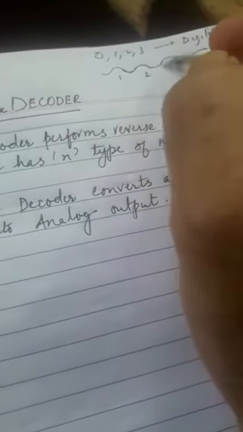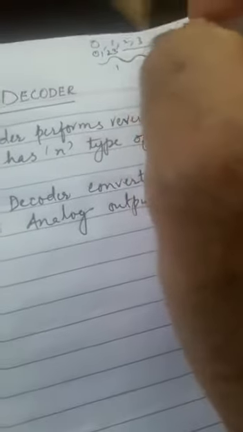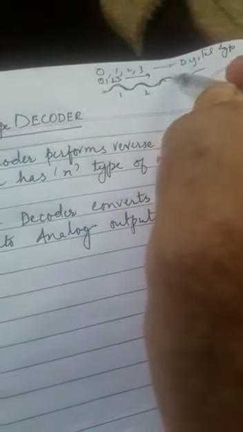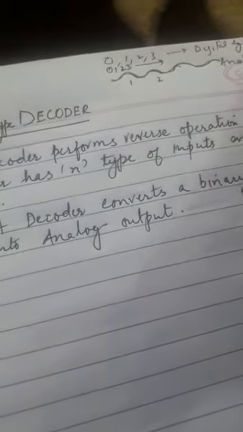When the digital form is shown in pulses, that is the analog form. You may have understood the difference between digital and analog. The decoder's function is to convert a binary digital number into analog form, analog output.